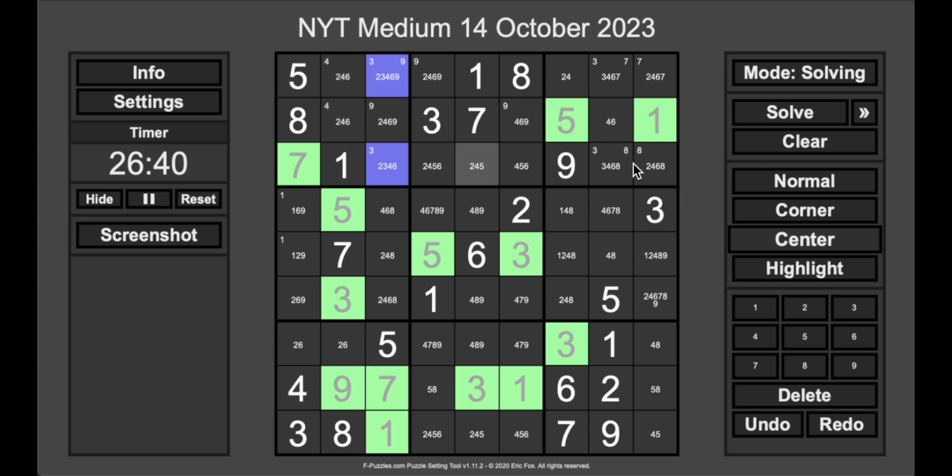Here I've got 2, 3, 4, 6, 7, 8, but outside of 3, 7, and 8, I don't have enough to eliminate anything from there. This one, I have way too many possibilities, but I've got a 6 on one of those 2. Well, that's a weird conundrum.